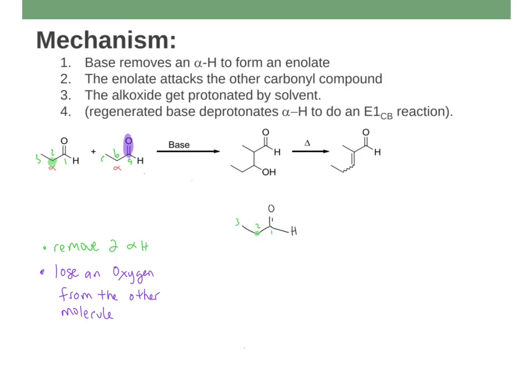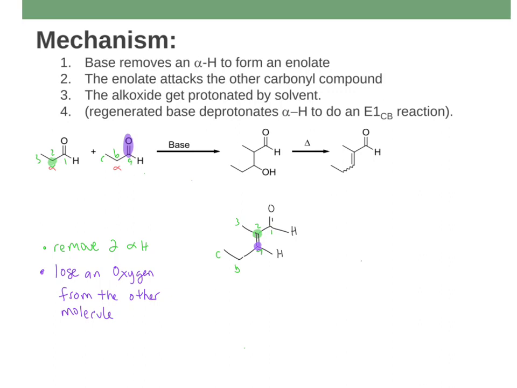We just said that I'm going to have those 2 alpha hydrogens right there at carbon 2. That's now going to be double bonded to the other molecule right at carbon A there. So that's going to be a double bond, and there's A, where this is A, B, C. Because A was the purple carbon here that we said we lost the O from. And that's the product that you're going to get.